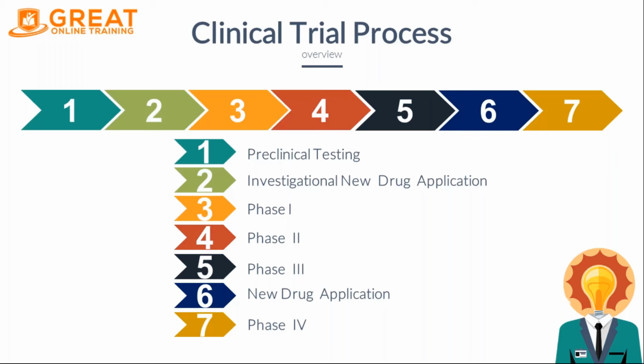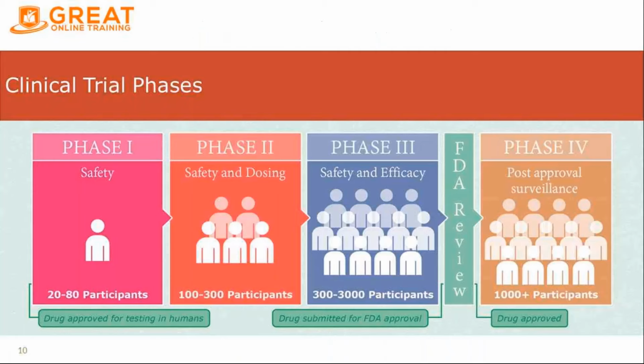What is a new drug application? An application submitted by a sponsor to the FDA for approval to market a new drug for human use. Once the sponsor files the NDA and gets approval, phase 4 commences. Let's see all these phases in detail in the next slide.